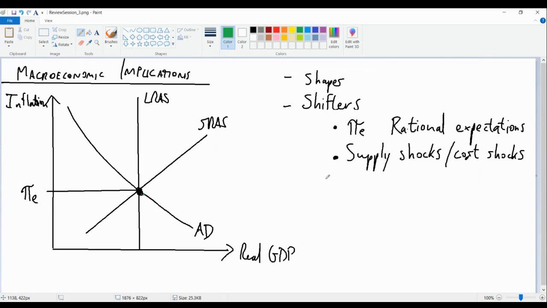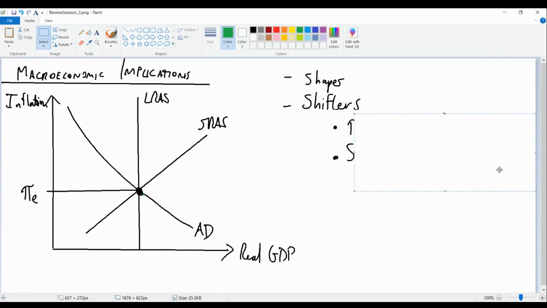And then the last discussion we had after discussing what the shifters are was policy. Our discussion of policy had two parts.